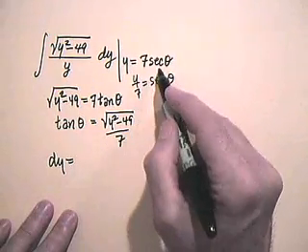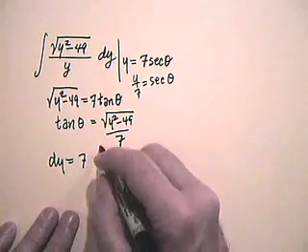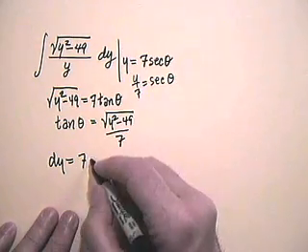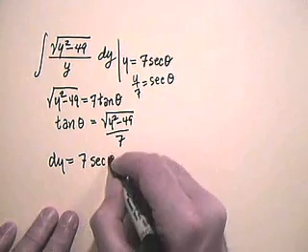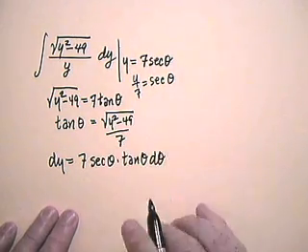If y is 7 secant theta, then dy is 7 times the derivative of secant theta, which, remember, is secant theta times tangent theta d theta.